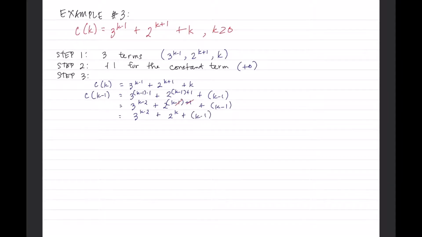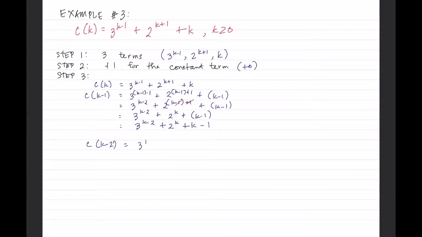So we now proceed to the last term. That would give us 3 raised to k minus 2 plus 2 raised to k plus k minus 1. So we now have the second equation.